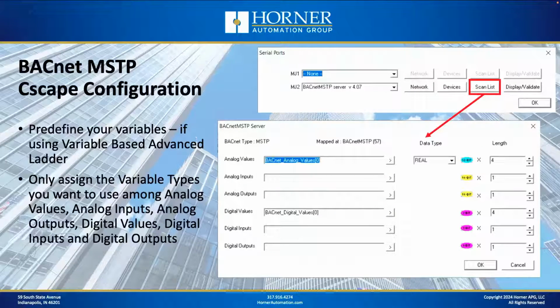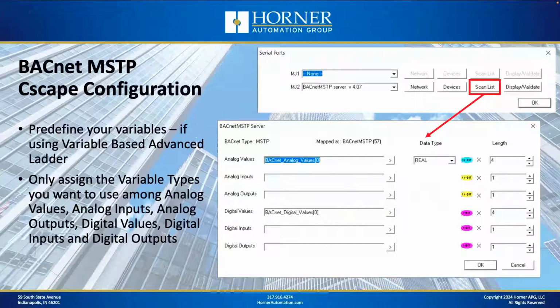So you get the ability to choose which of those types you want to support, and you can support all of them or just one of them, depending on your desire. And in the case of analog values, which I would encourage you to support, you can also select the data type between integer, double integer, real, whatever the case may be. And for each of those different object types, you can also select how many of each of those you want to support.